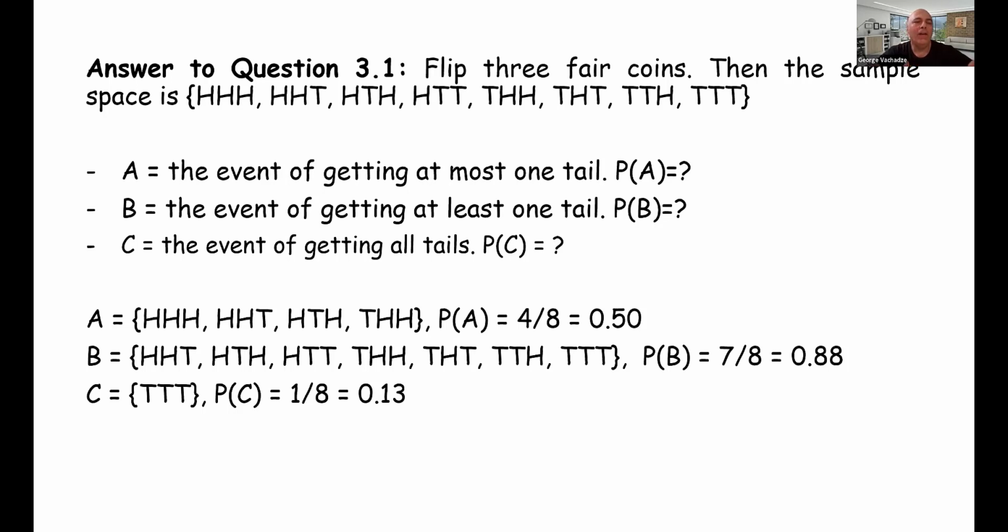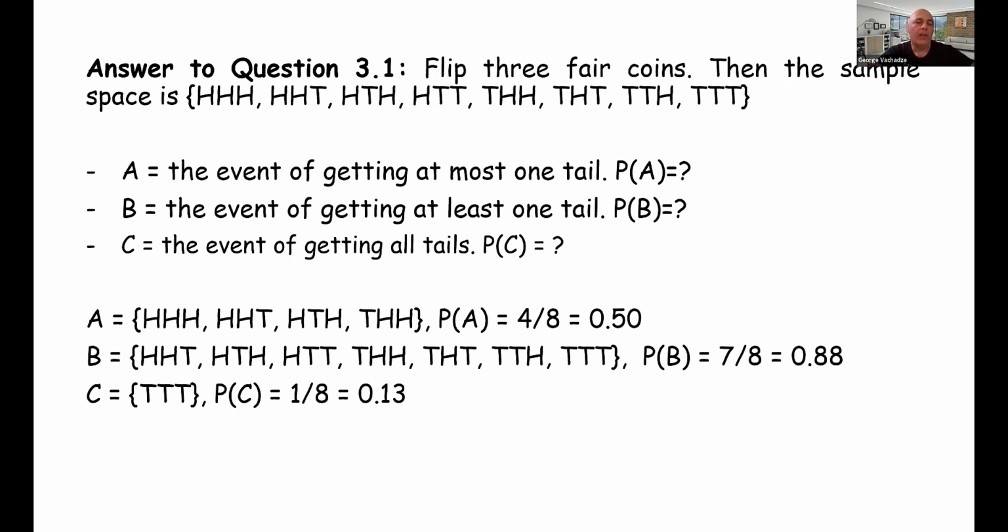So in order for event A to occur, we should not get more than 1 tail. We can get either 0 tails or 1 tail, okay? And so those 4 possible outcomes from the sample space support the occurrence of event A.